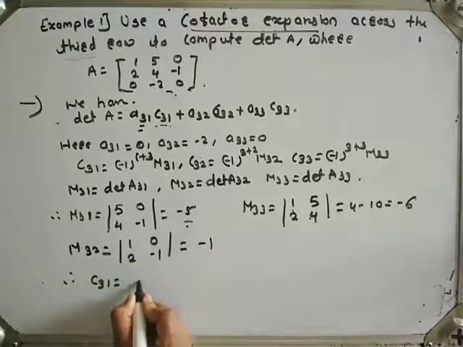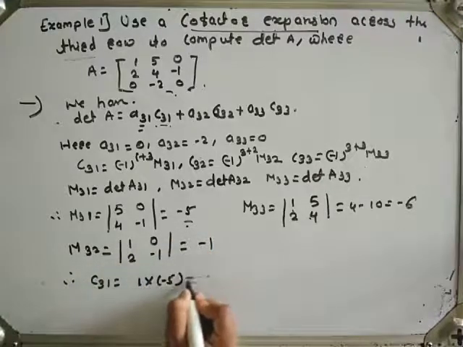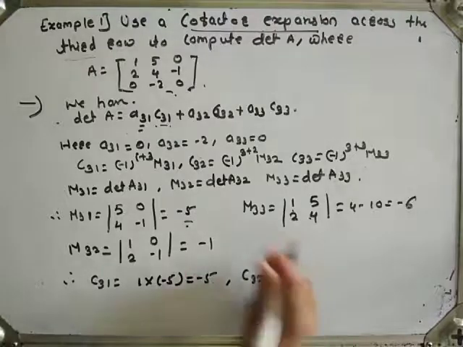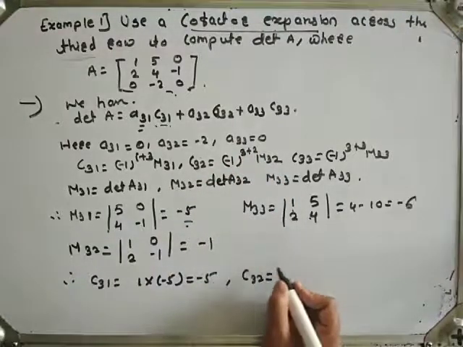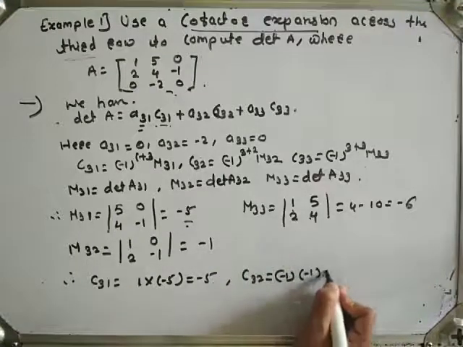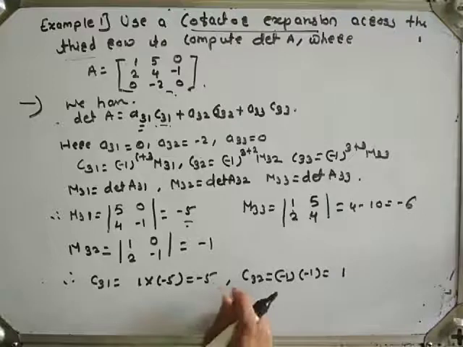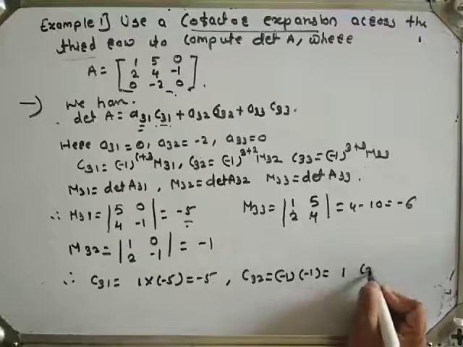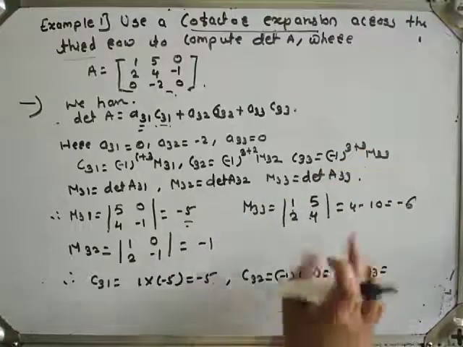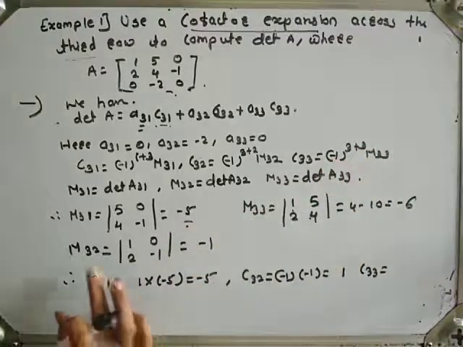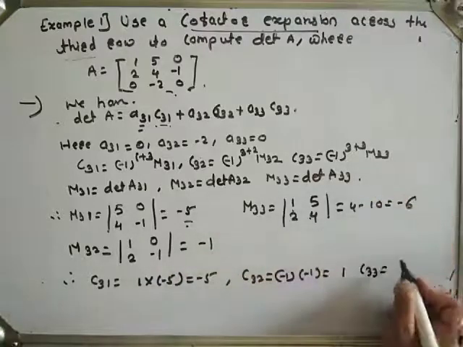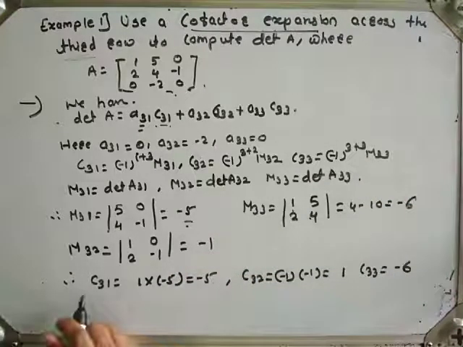M31 is minus 5, so C31 is minus 5. C32 is minus 1 raised to 5, which is minus 1, into M32, which is minus 1. So C32 is equal to plus 1. C33 is minus 1 raised to 6, which is plus 1, and M33 is minus 6. So C33 is equal to minus 6.